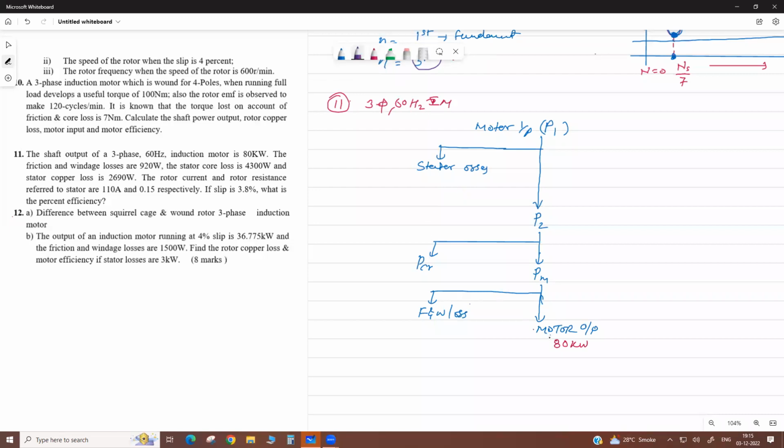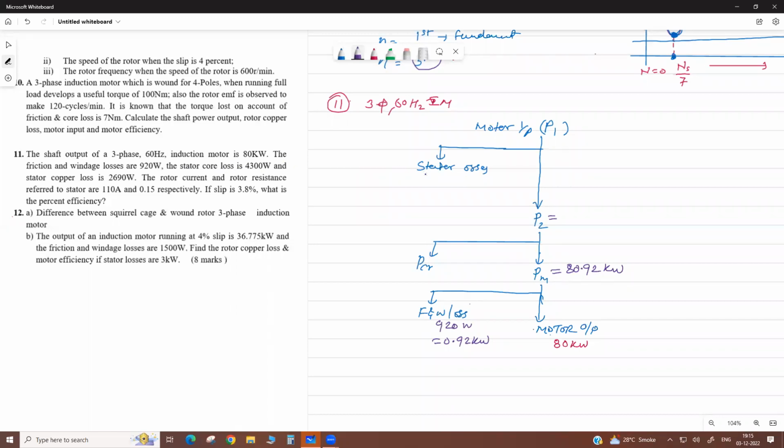Now this is 80 kilowatt. Now the friction and windage loss is 920 watt, meaning 0.92 kilowatt. Then this plus this again we get 80.92.